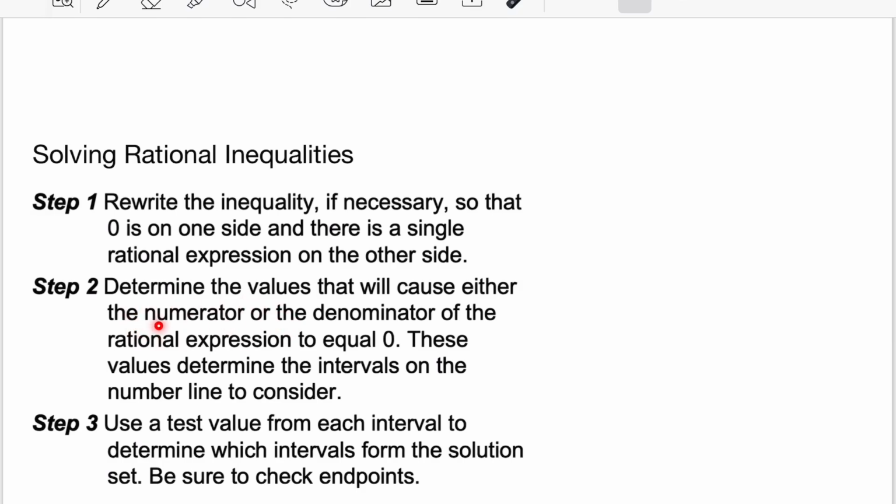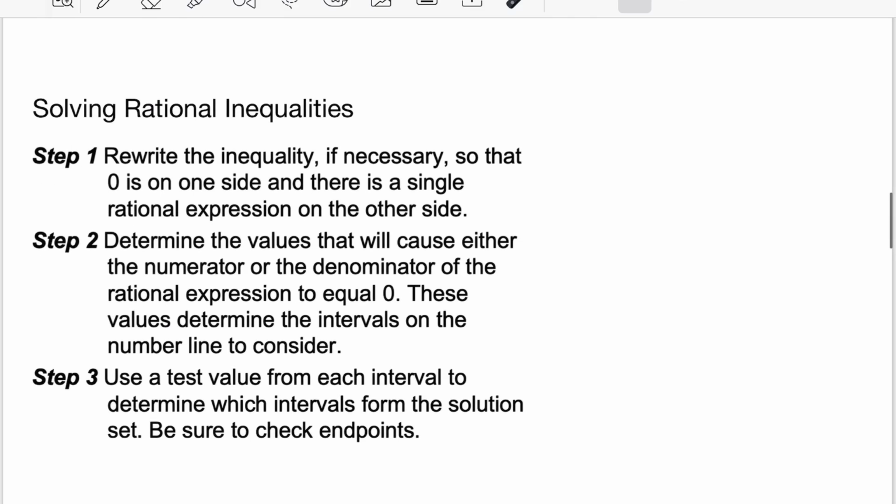So if the numerator of our rational expression is equal to 0, these are going to be our x-intercepts. And if the denominator of our rational expression is equal to 0, these are going to be the values not in our domain. Okay? So these values will split our domain into intervals. Then for step 3, we're going to use a test value from each interval to determine which values form the solution set, so what we're looking for.